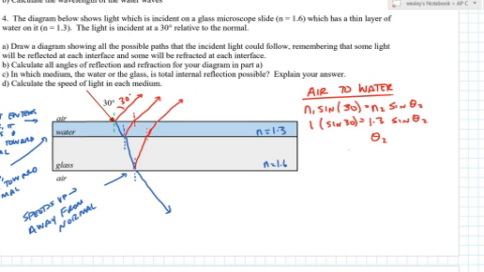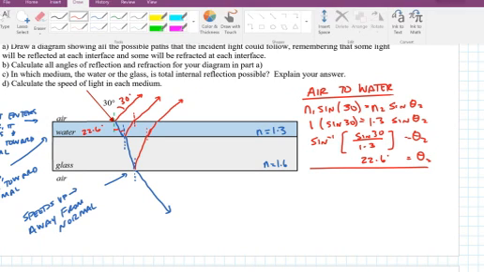So theta 2, the one that we're after, to find the angle, we got to do sine negative 1 of sine of 30 divided by 1.3. That makes theta 2 come out to be 22.6 degrees. So this angle right here is 22.6 degrees, which makes that angle also 22.6 degrees, which is our next thing that we're going to deal with.